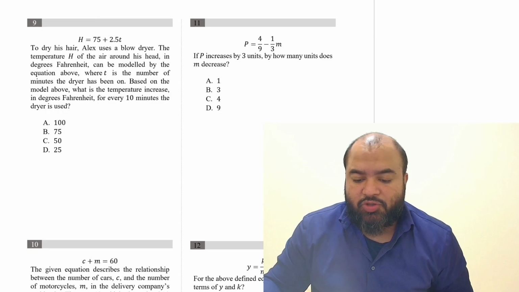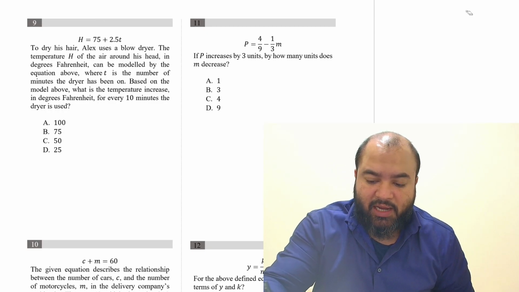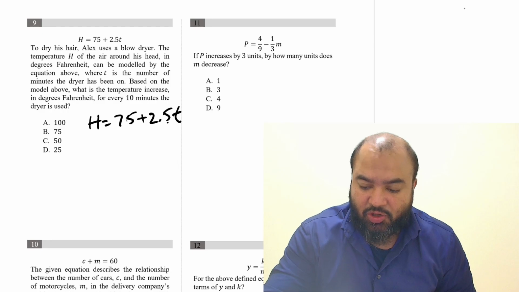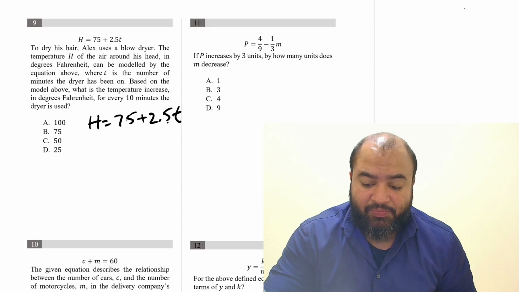Number 9. To dry his hair, Alex uses a blow dryer. That's another equation of a line model. So H equals 75 plus 2.5t, where 2.5 is the slope. Now, H is the temperature of the air around his head in degrees Fahrenheit. These are just descriptions of what H is. The model can be used where t is the number of minutes the dryer has been on, so t is the time and H is the temperature.